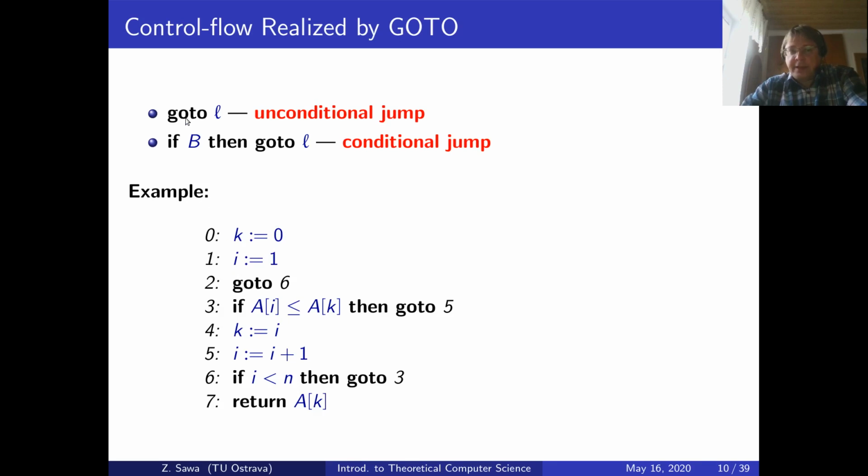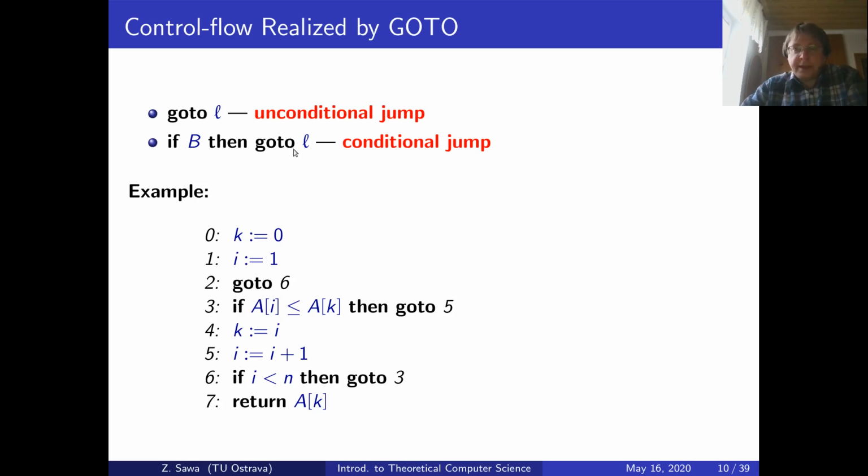But if there is this unconditional jump, the computation will continue on the specified address. So this L represents some address where the computation will continue. After this operation, it's not continuing on address 3, but on address 6.